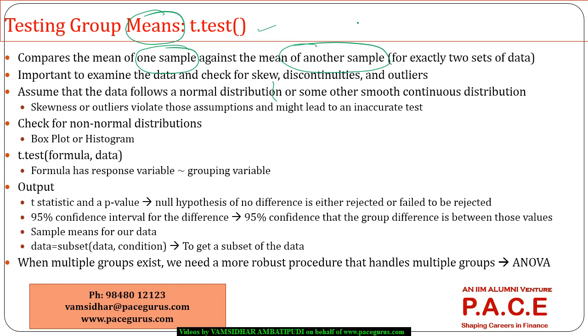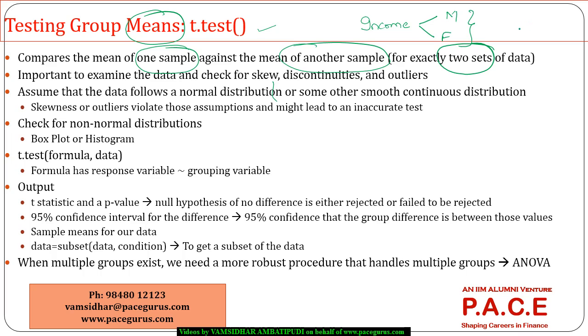So if I'm talking about income levels as a comparison, I take the data of males, I take the data of females, and I try to see if the mean income level of males is significantly different from the mean income level of the females. So we are using this t-test exactly for comparing two sets of data.